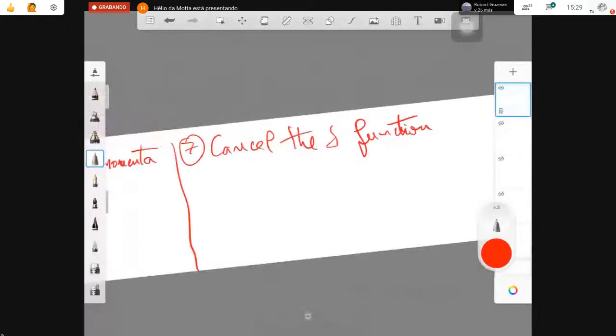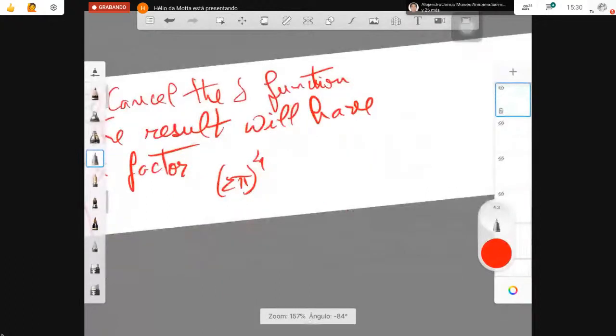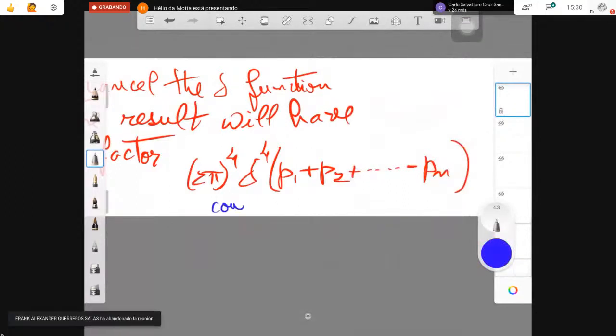The result will have a factor of 2 pi to the 4th, the delta of the momentum, that assures again, remember, that momentum and energy must be preserved at each vertex and for the whole thing.